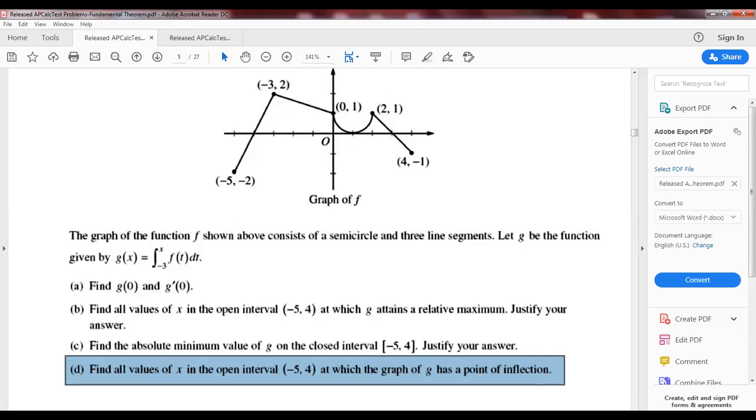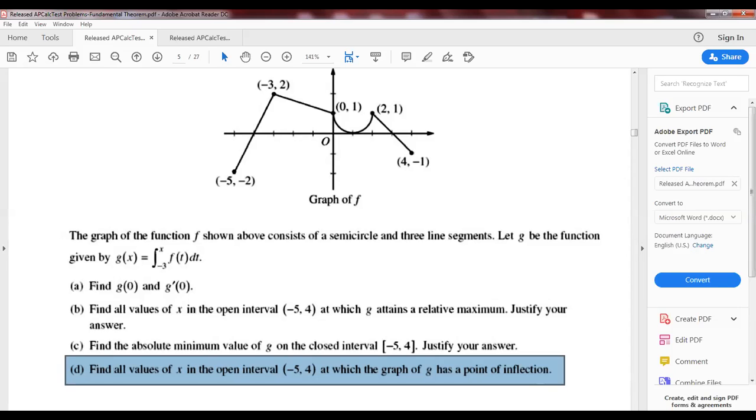Wouldn't it be the -3, the 1, and the 2? Correct. Because you have to write the definition on your paper. A function has an inflection point where the second derivative is 0 or undefined, correct?